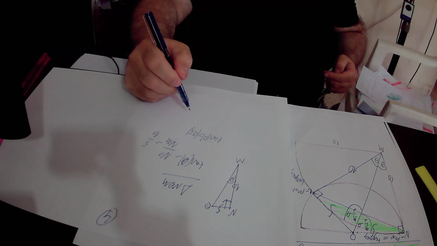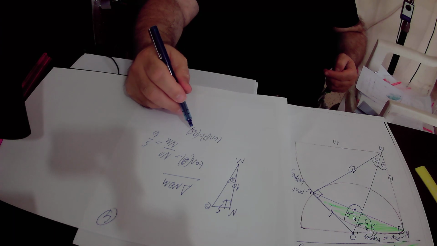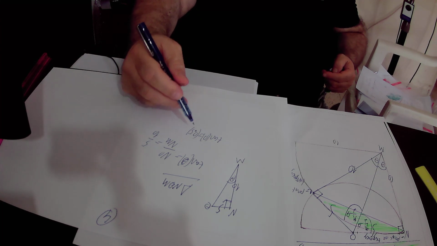Now theta itself. In order to find theta itself, we will apply the inverse function on the result, that is 0.5, and this will give us the value of theta itself.